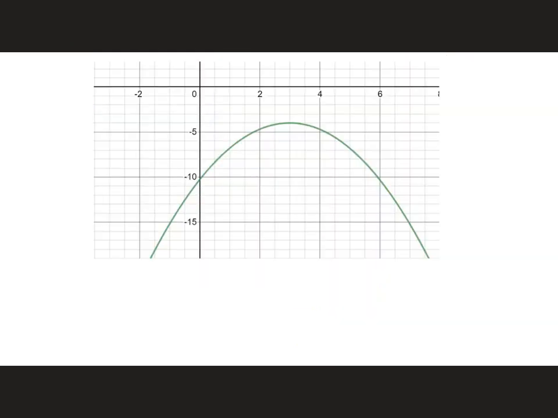Now I wanted to look at this one because it's a little different. If you went to try to find your x and y intercepts here, you could find a y-intercept, but you can't find x-intercepts. And if you don't have x-intercepts, then you can't write it in intercept form. So this one would have to be written in maybe vertex form and then converted to standard form, but it cannot be written in intercept form.